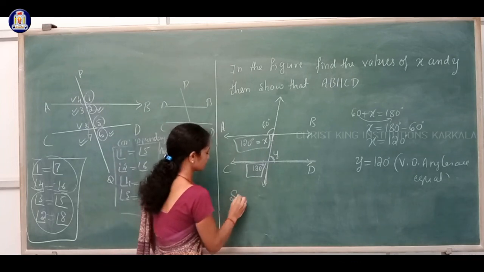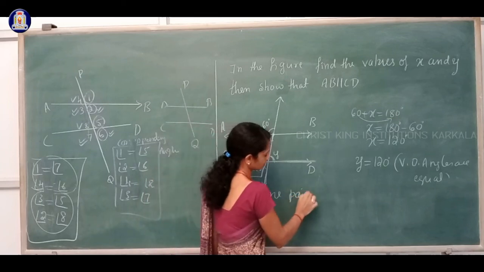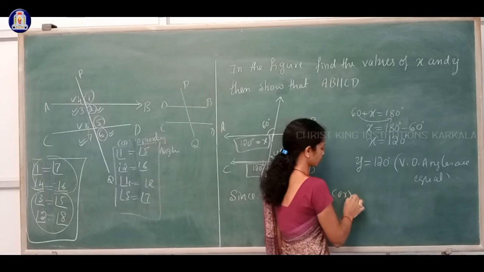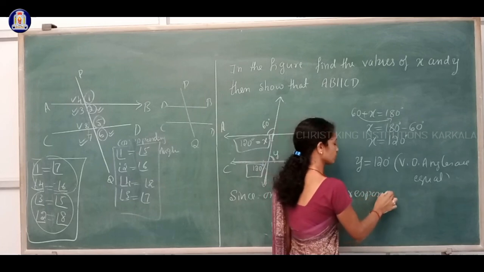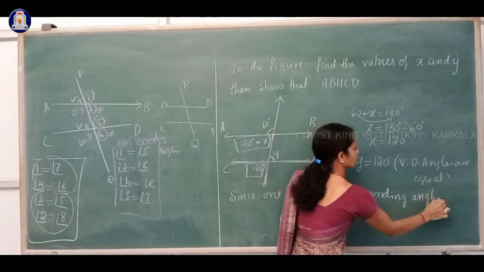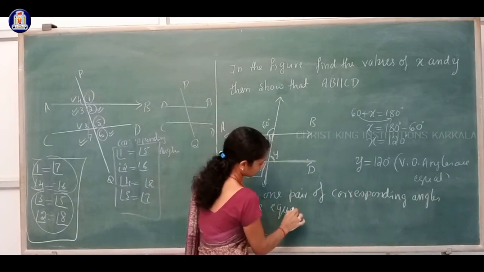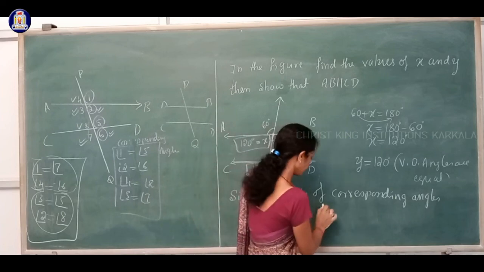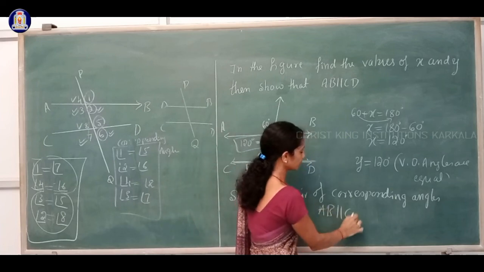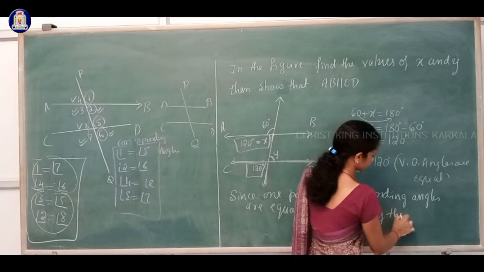So that you have to write: since one pair of corresponding angles are equal, AB is parallel to CD, by known result.